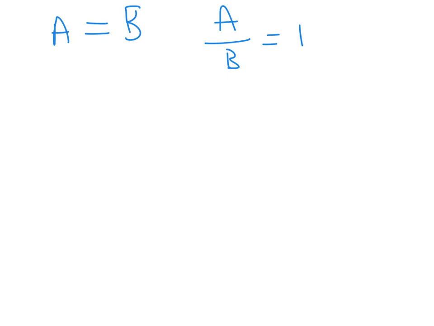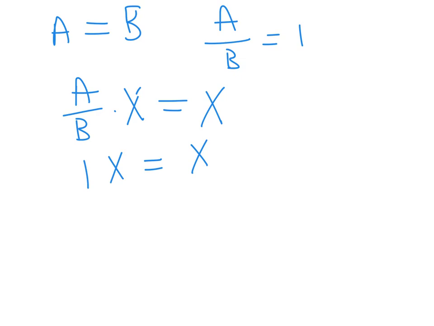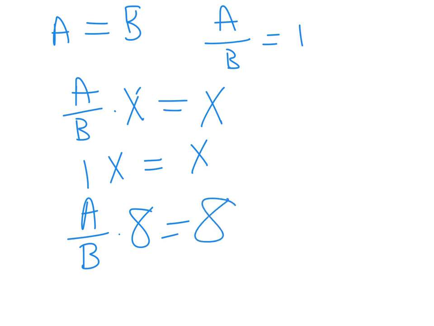So if that's true, then we know that we can take a over b and multiply it by x, and since a over b has a value of 1, we're going to get x. Why? Because 1x is equal to x. A over b times 8 is going to give us a value of 8. Why? Because a over b is 1.